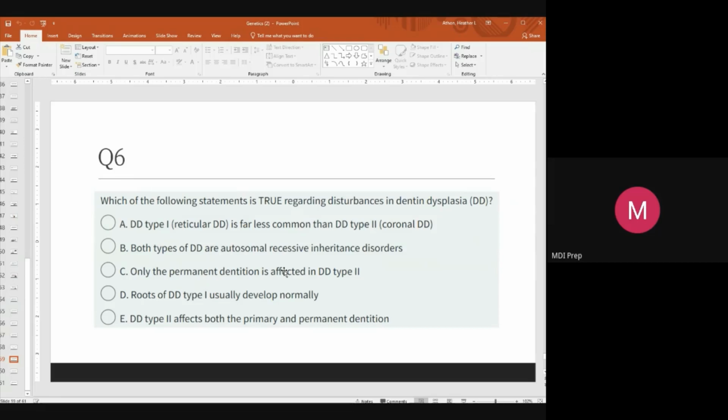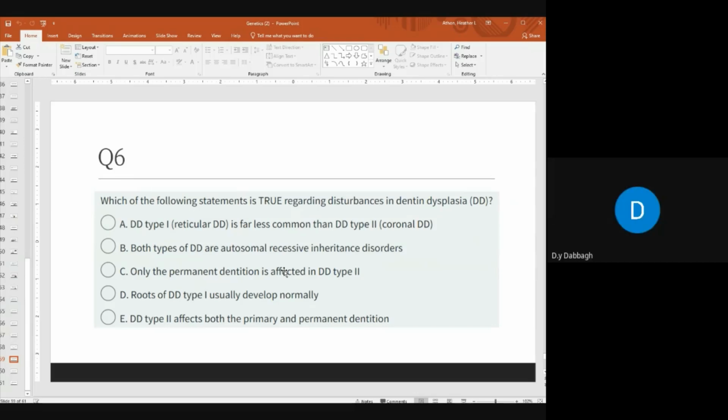So the answer here is E. Type 2 affects both the primary and permanent dentition. So remember, they have the bulbous teeth with the brownish, bluish color, and you get the pulp stones. So type 1 will affect the roots, and then type 2 will affect the crowns of the teeth. So the answer here is E.